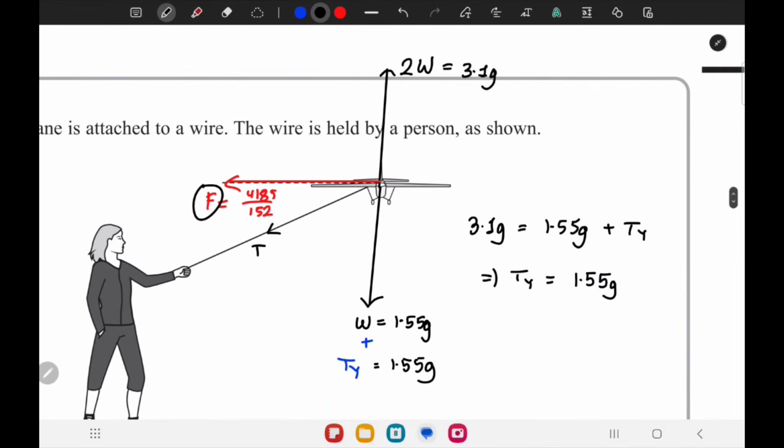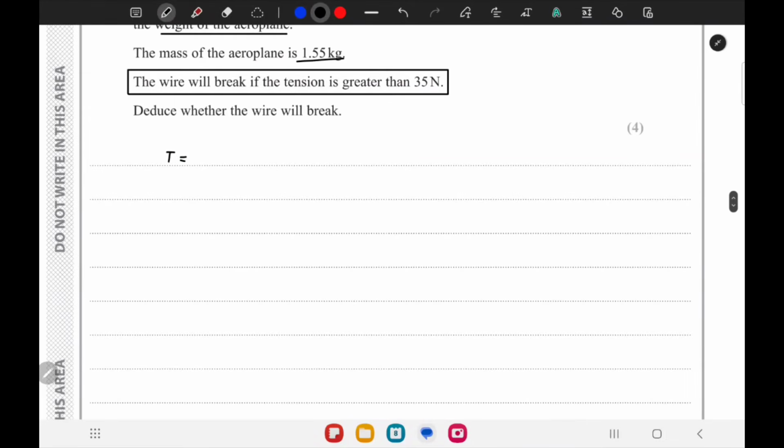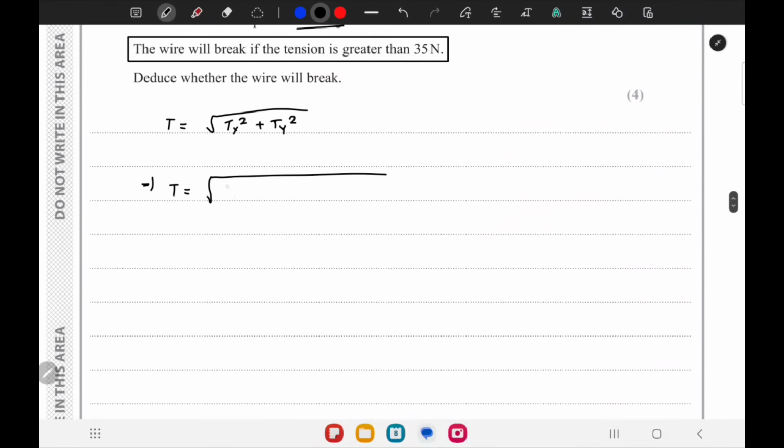This force over here is the horizontal component of T, so this is Tx. So the tension would be root over Tx squared plus Ty squared. The tension would be root over 4185 by 152 squared plus 1.55 into 9.81 squared.